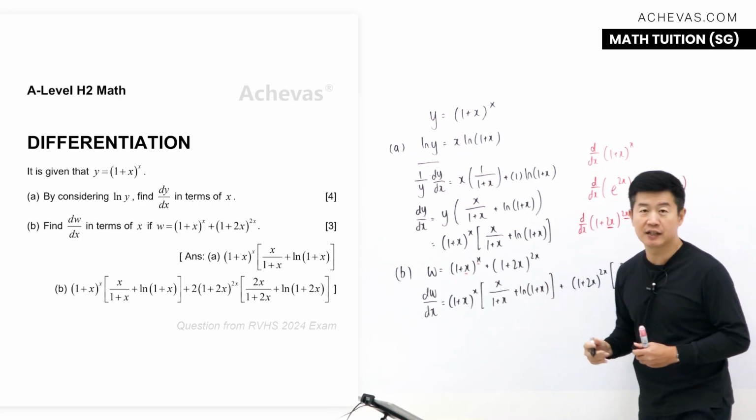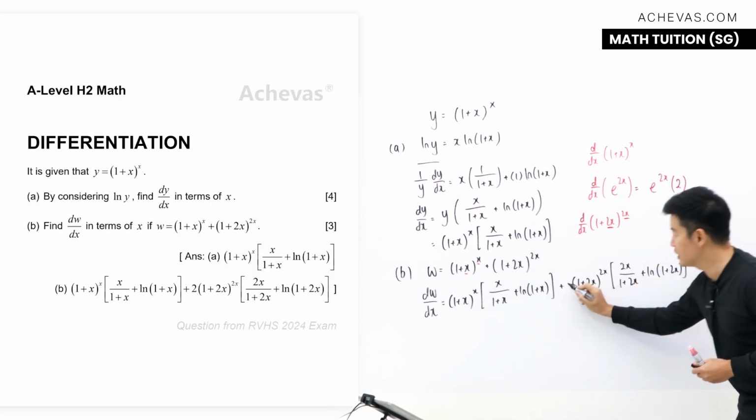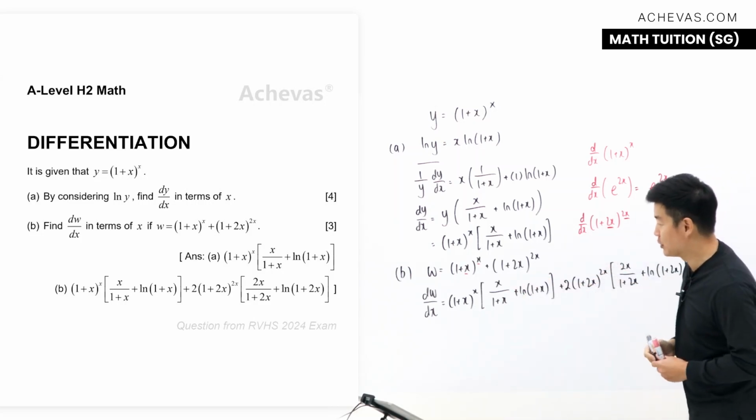Then we differentiate 2x with respect to x, which gives this multiplied by 2. I'm going to just write 2 here, and this is going to be my answer for dw dx.